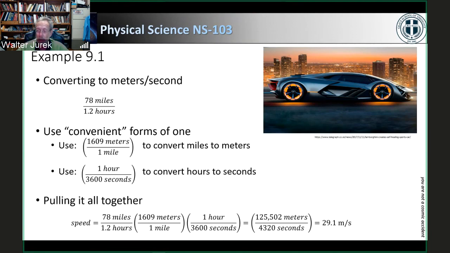Boom. Comes out to 29.1 meters per second. But the car is still covering that same distance in the same amount of time. We just changed units.